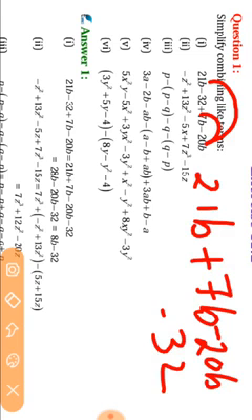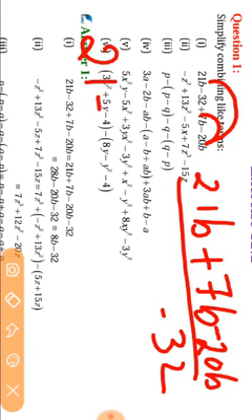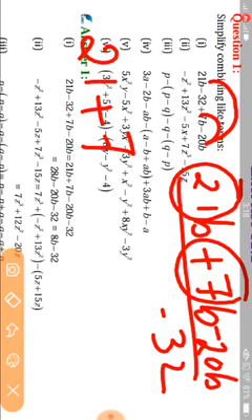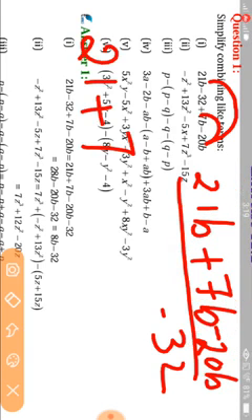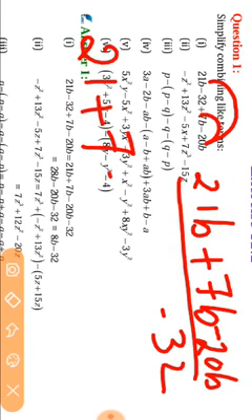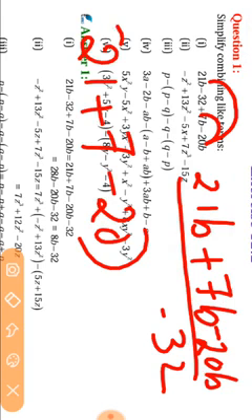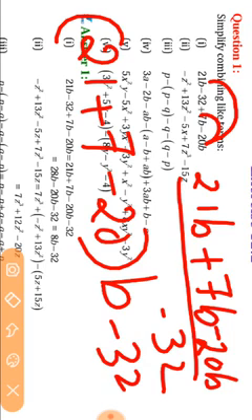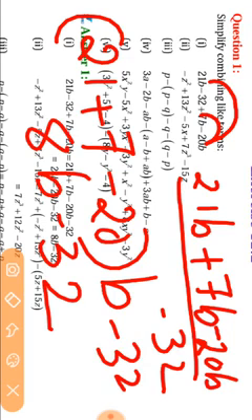See here, these all are having a b, so I can write 21 plus 7, only select the numerals with the sign, okay, 7 minus 20, outside I'll write b, and the remaining minus 32 as it is. So 21 plus 7 is 28, 28 minus 20 is 8, so 8b minus 32. This is how you have to combine the like terms.